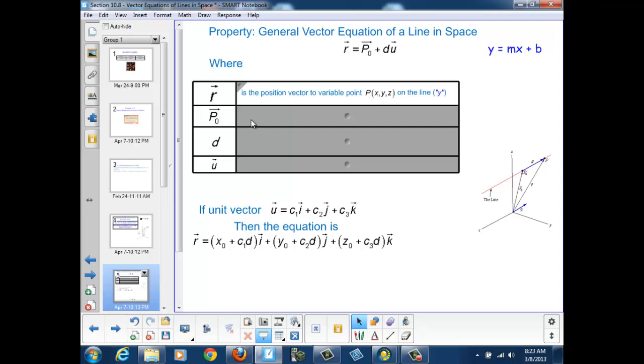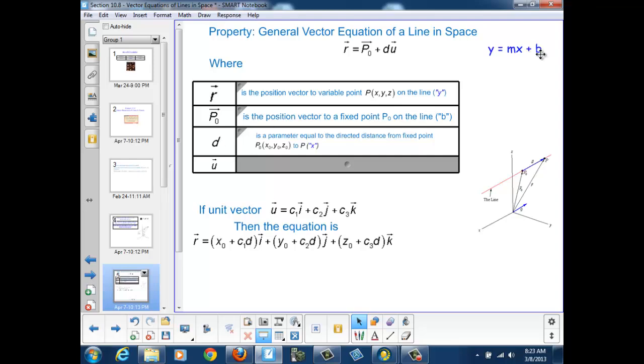p0 is our position vector to a fixed point on the line. Just like our b value is a fixed point, our y-intercept, on a 2-dimensional line. Now d is a parameter, or a variable, equal to the directed distance from our fixed point p0, which we're going to call x0, y0, z0, to some variable point on the line. So that's this x value.